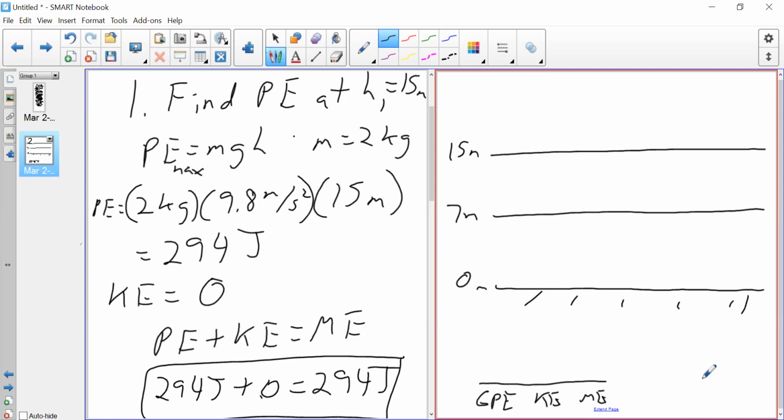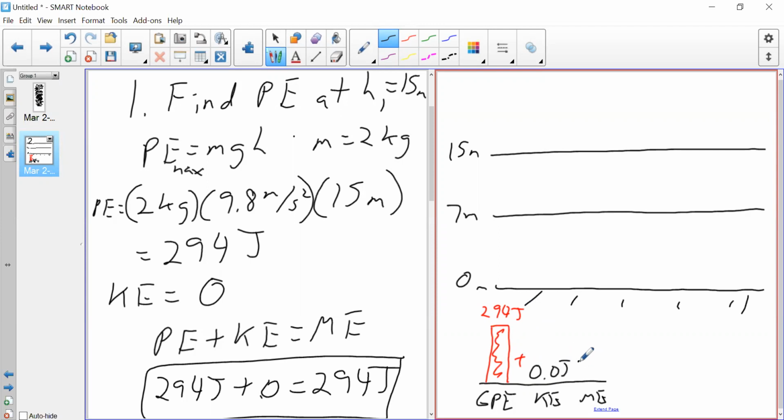So the first one, I'm just going to use red here. 294 joules plus nada, 0.